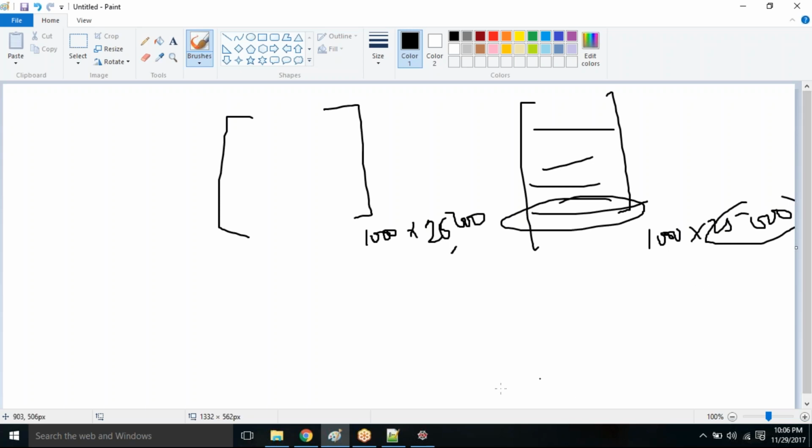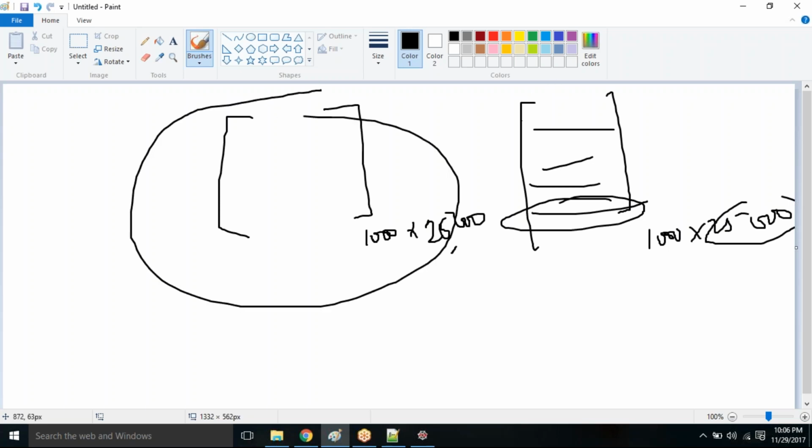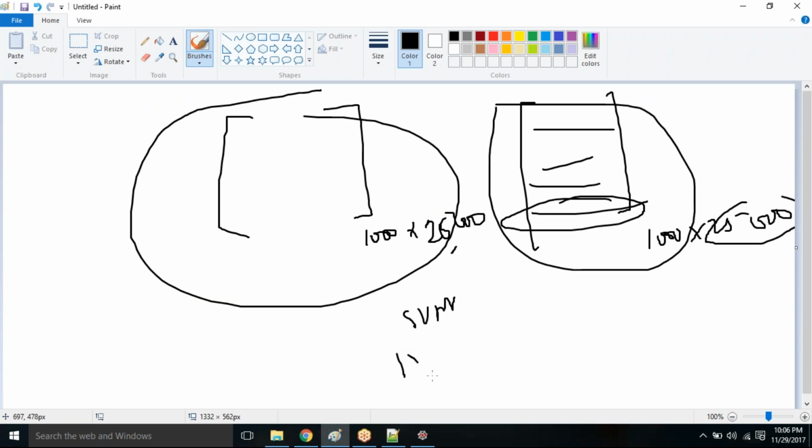Once these two feature vector matrices are completed for 1,000 positive and 1,000 negative, you pass them through, say, SVM or naive Bayes.